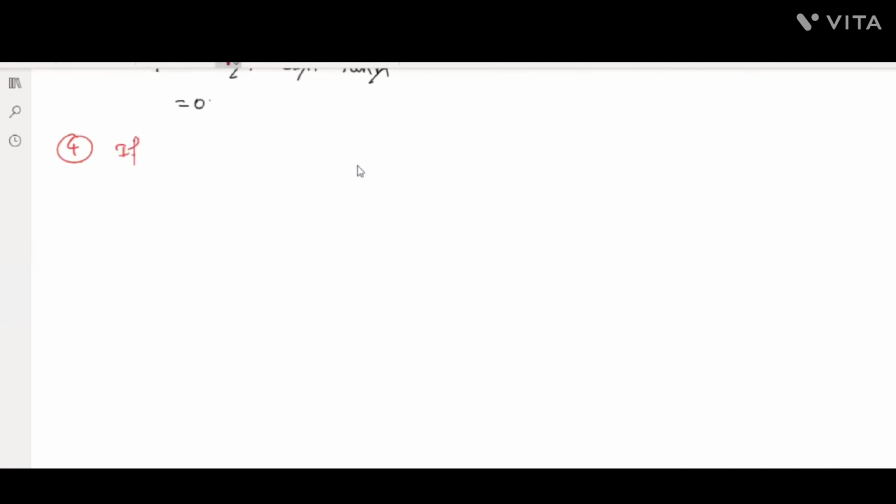If secant theta plus tan theta is equal to 1 by 5, then find the value of sin theta. So this is the question.